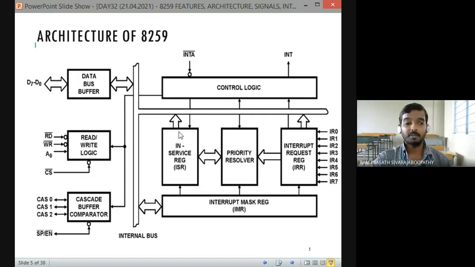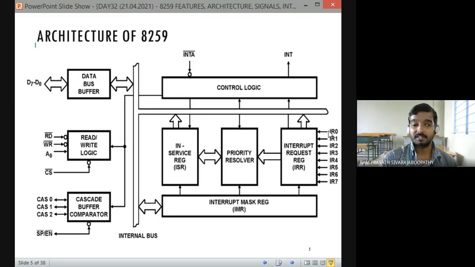Now coming to the other blocks, how many interrupts can it handle in single mode? We said 8 interrupts in single mode. Can you see the signals IR0 to IR7? What are those 8 pins?